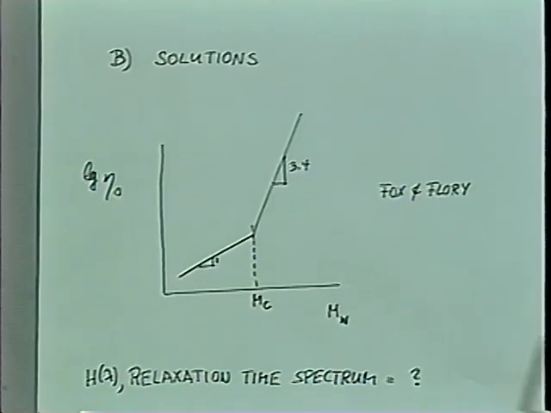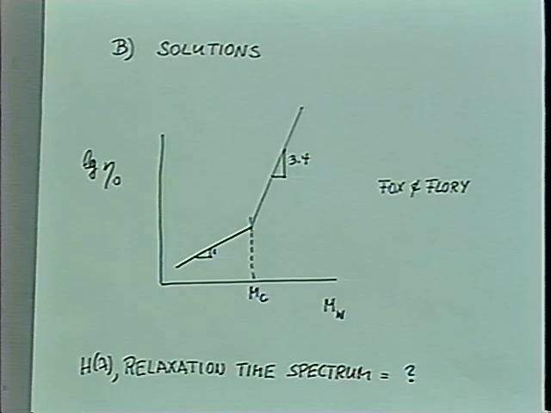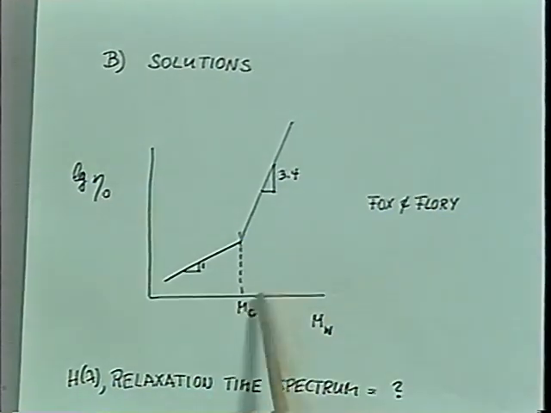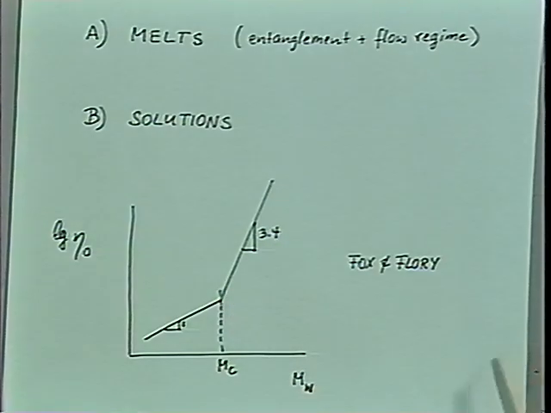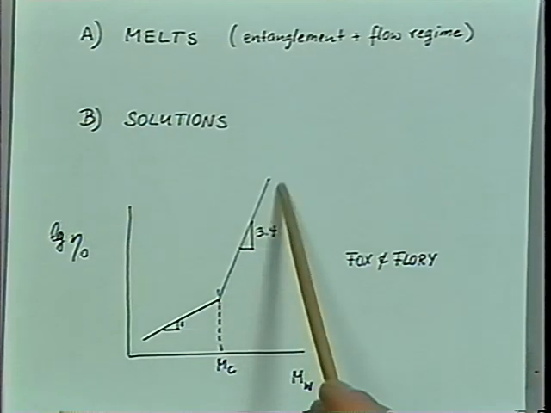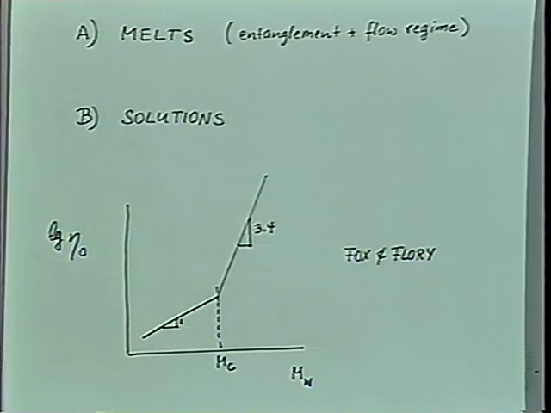You all know that the zero shear viscosity of such a well-defined system depends on molecular weight. At low molecular weight, viscosity grows proportional with the molecular weight, and above a critical molecular weight, it grows with a 3.4 power, and we would say the polymer is highly entangled. Below that, it is too short to form entanglements.